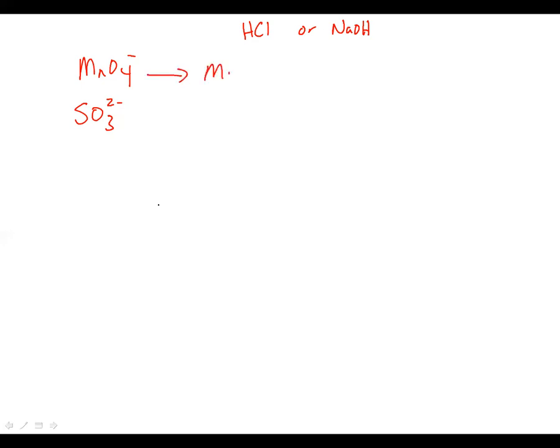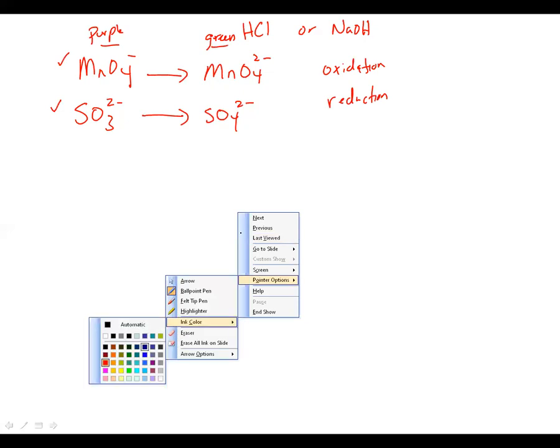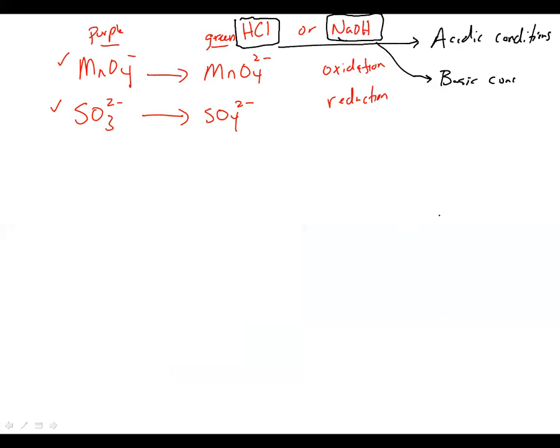So when they mix this, you will either add HCl or sodium hydroxide. What is the purpose of adding those things to the mix? We're going to see the effect of oxidation and reduction in acid conditions and also basic conditions.